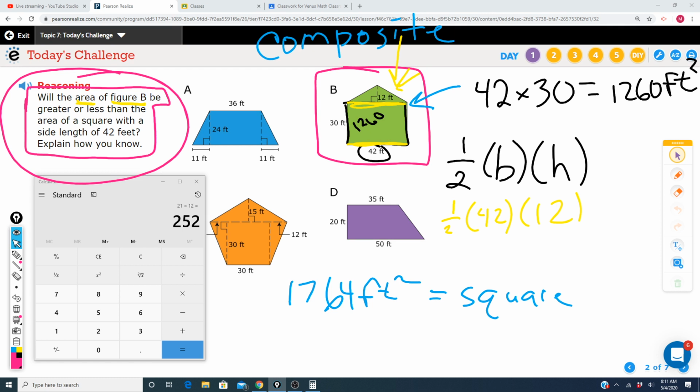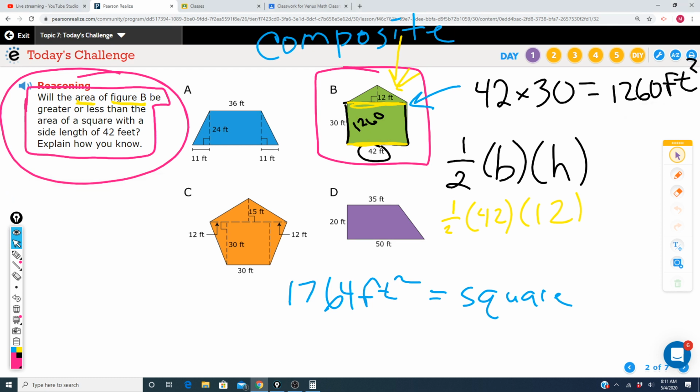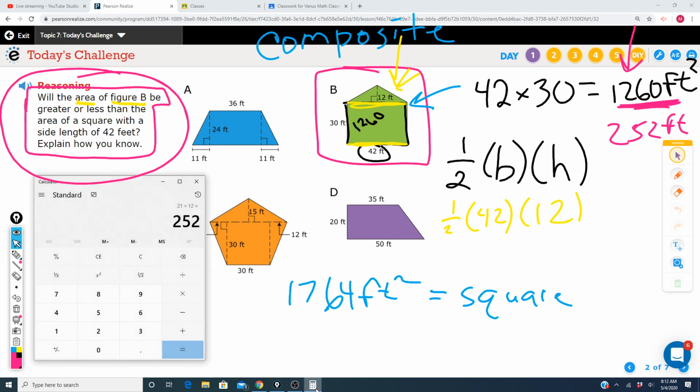If it's 1260 for the rectangle underneath and 252 for the triangle, to figure out whether B is greater or less than, let's add those up. 1260 plus 252 is going to give us 1512.